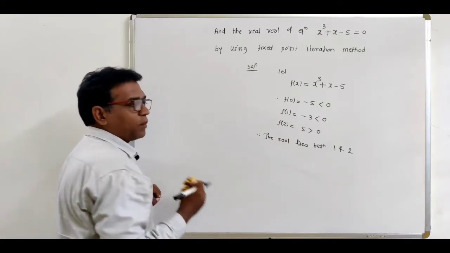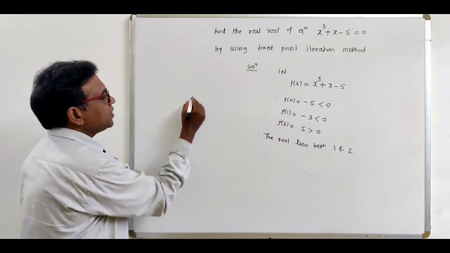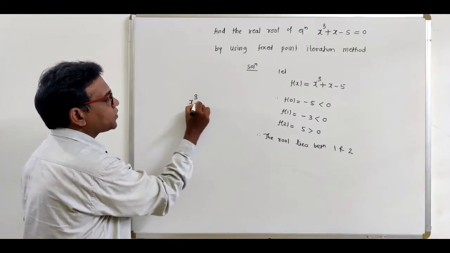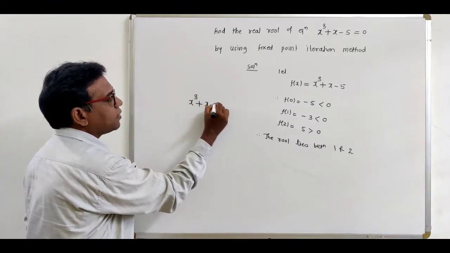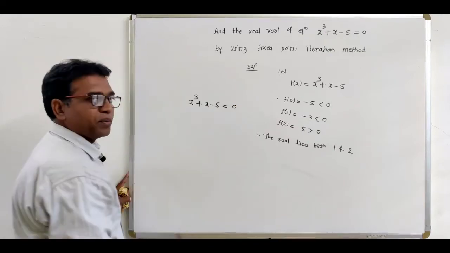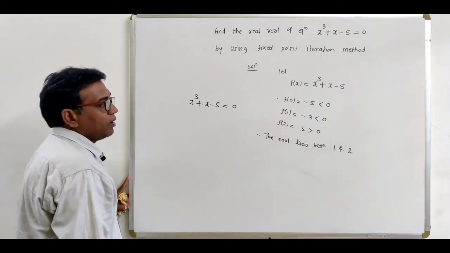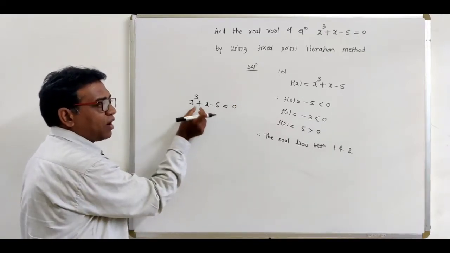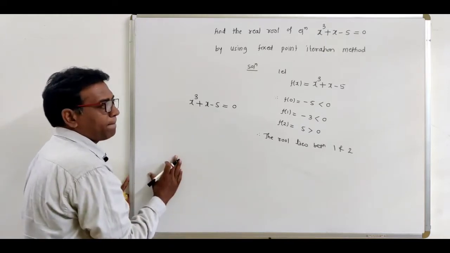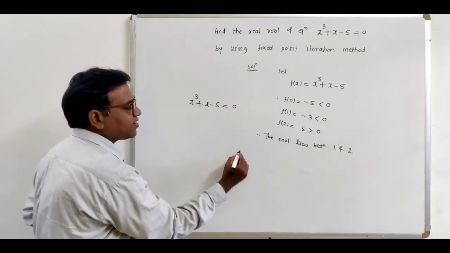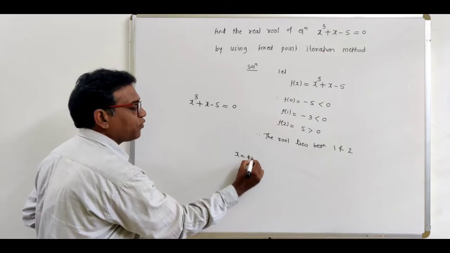Now see, this is one of the forms. This is the given equation. Suppose x cube plus x minus 5 is equal to 0. Now from this equation we have to find the value of x. We have to express this equation in the language of x equal to phi of x.